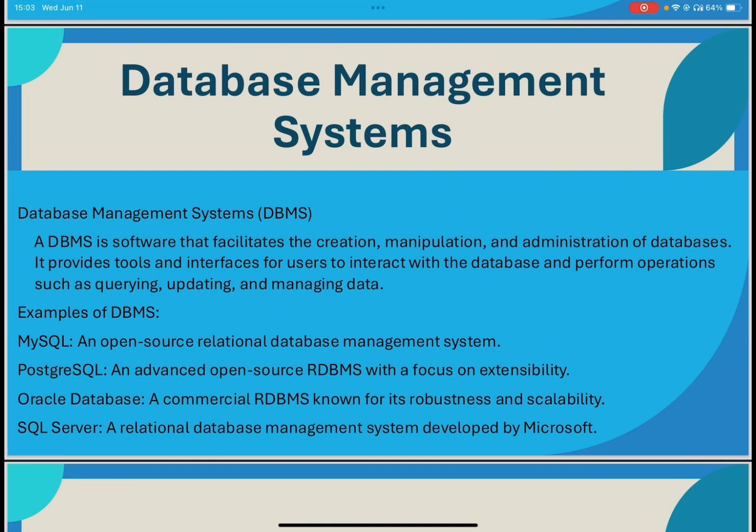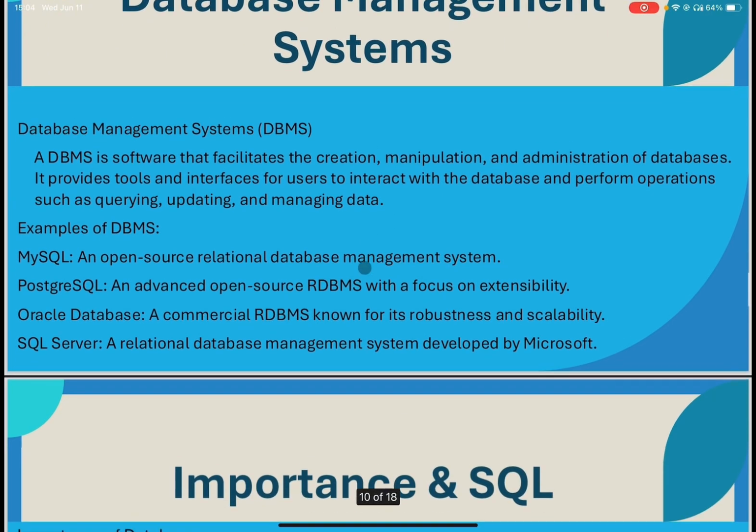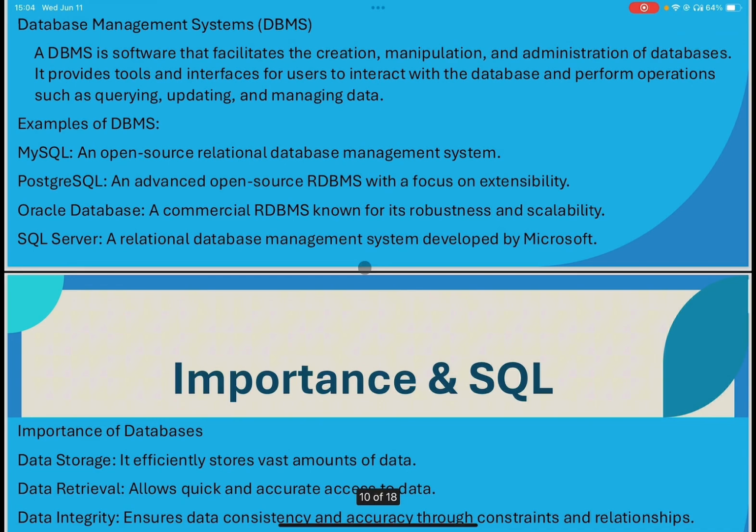And we can work with that data all the time. The examples are MySQL, PostgreSQL, SQL Server, Oracle. These are on-premise databases. On the cloud side, we have Azure SQL Database, in AWS we have Amazon Redshift, and in Google we have BigQuery. So these are the database management systems.